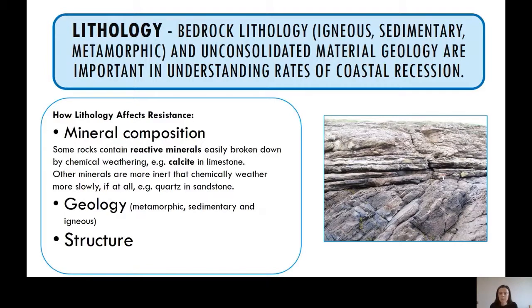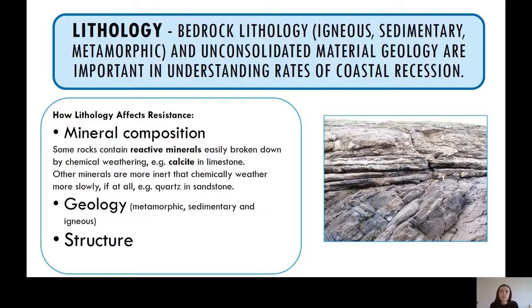That's an important word in this section, the resistance or the resilience of a rock. So a rock has a mineral composition. Some rocks contain reactive minerals easily broken down by chemical weathering, for example, limestone. You can also have geology, which is metamorphic, sedimentary and igneous rock, and structure. I'm going to go into the latter two in detail now.